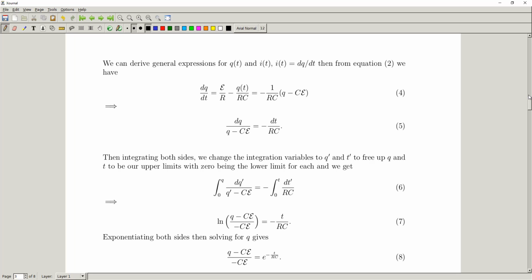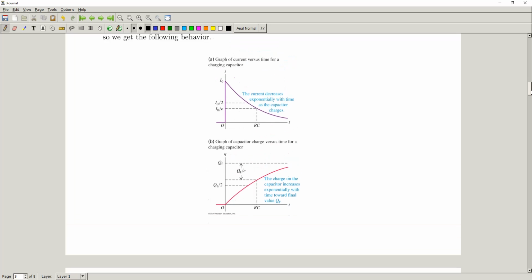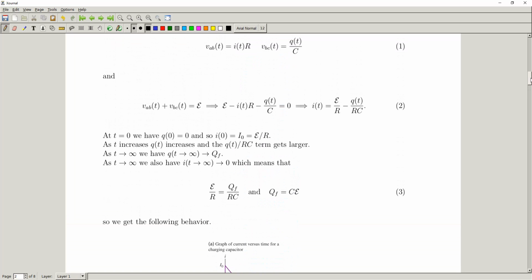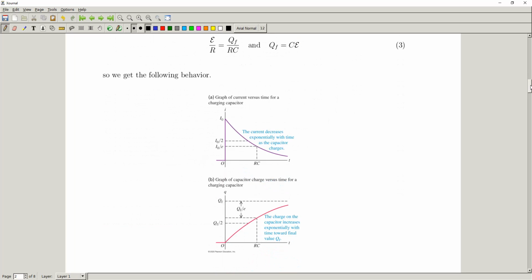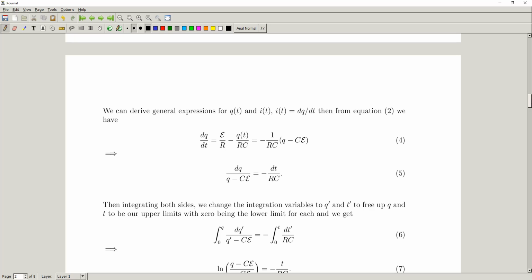So I of t, our current as a function of time, is just going to be the time rate of change of our charge as a function of time. Okay. So from equation 2, which we had above, just flash that on the screen quickly, we can write our I as dq dt, write it down like this.